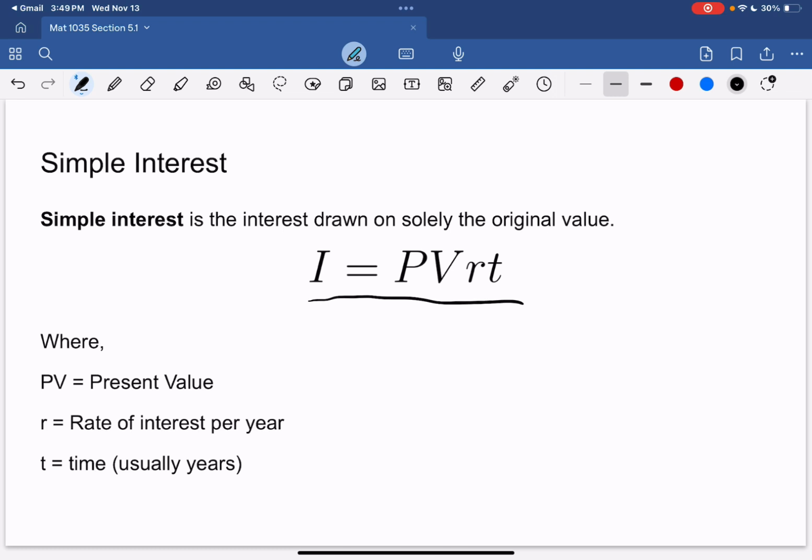PV is the present value, so that's how much we put in or the loan that we take out. Lowercase r is the rate of interest, and it's per year, so it's at 5% or 7% and so on. And T is time, usually in years. It doesn't always have to be, but for most of the questions that we'll do, we'll have it in years.